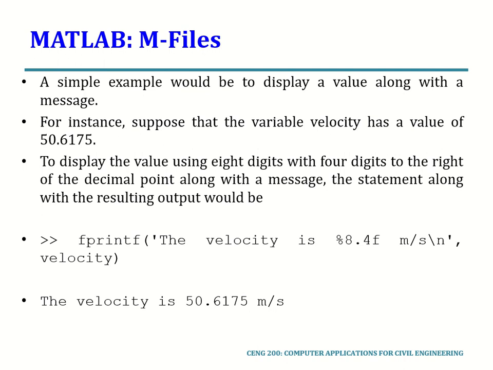So you can see the command starts, then we have the bracket, single quotation mark, our message, right? This is our message. The velocity is, okay, now here where you see %8.4f, it should display the value of velocity.